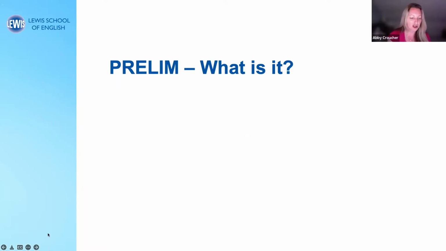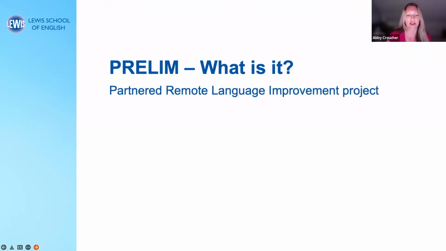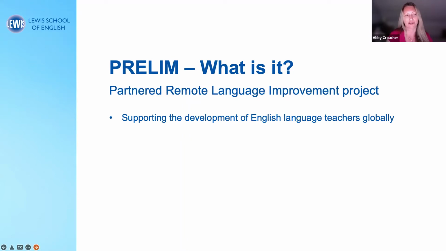For those of you that don't know, just a little bit of background to PRELIM and what it is. This stands for Partnered Remote Language Improvement Project. It was designed to support the development of English language teachers all around the world.